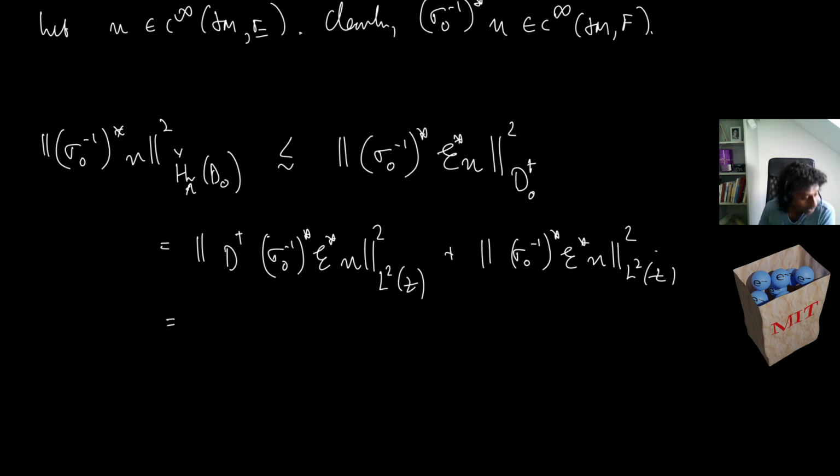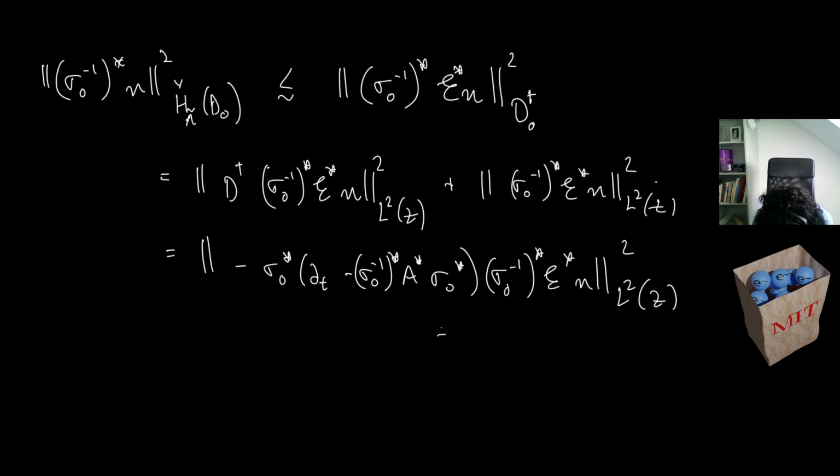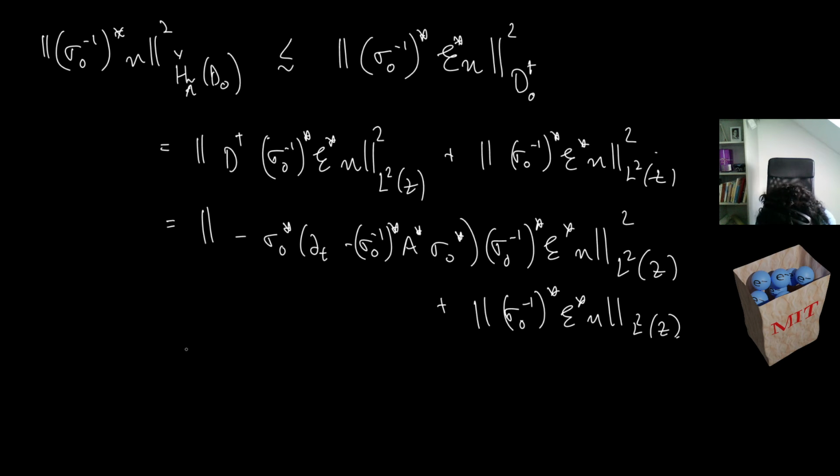Okay, so what is this now? As we wrote before, this is negative sigma naught dt negative sigma naught inverse star A star sigma naught, sorry, there's a sigma naught here, star sigma naught inverse star E star of u, L2 squared, plus this lower order term, of course. And so the point is that things cancel here in this expression.